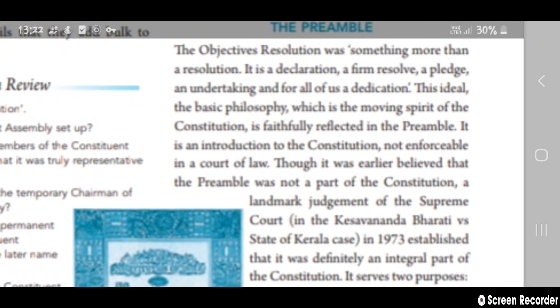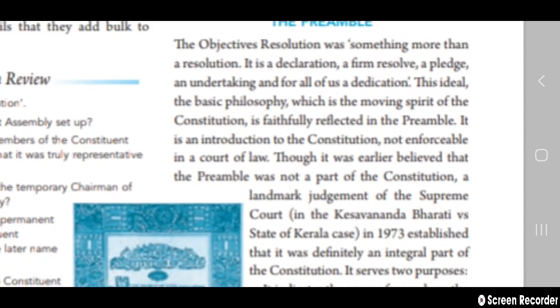In a court of law, it is not enforceable. Earlier, we believed the preamble was not a part of the Constitution.